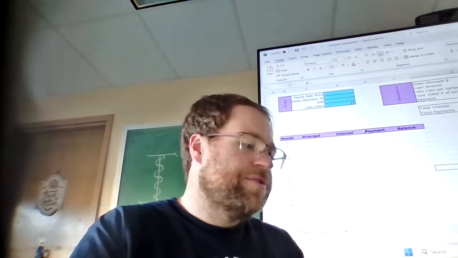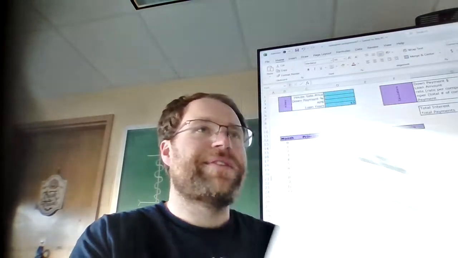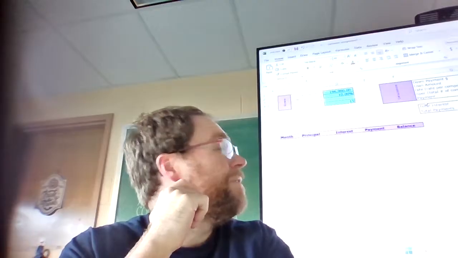And we're going to use the information in step 3 in order to get there. So house sale price, $196,900. Down payment, 10%. The APR for the 15-year one is what percentage?